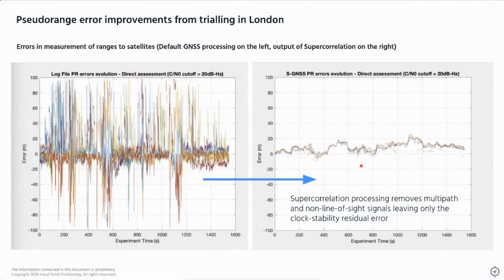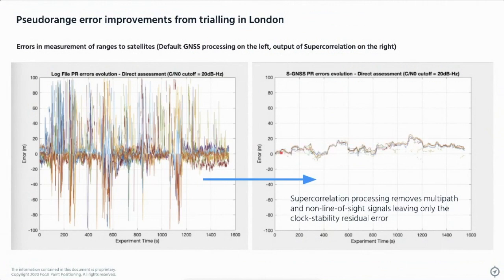The very same data processed with a supercorrelator looks like this on the right. All of the multipath interference has gone. We're not locked onto any non-line of sight signals at any point. You can see that all of these colored lines representing the different ranges to all of the different satellites are all following this interesting looking trend. That's actually the final clock variations that we're observing inside the GPS receiver.